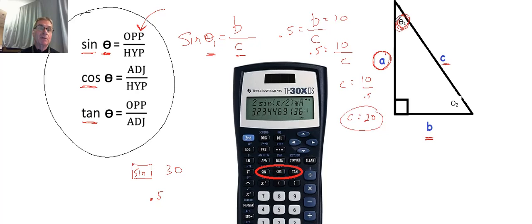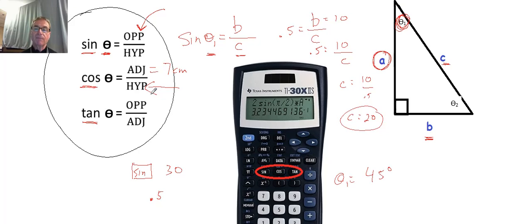I want to know what the hypotenuse is again. Let's say that our angle in this case is 45 degrees, so theta 1 is equal to 45 degrees. My adjacent side A, let's say, is going to equal 7 centimeters. And I would like to know what the hypotenuse is.